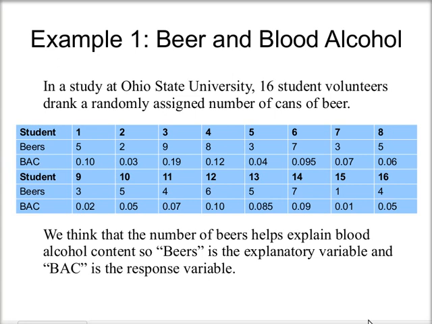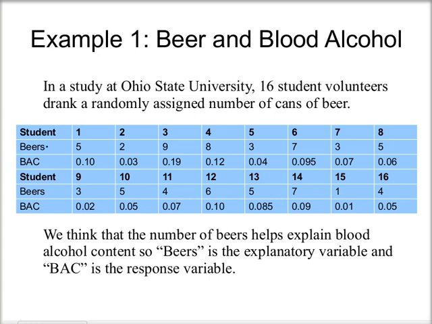A study at Ohio State University had students volunteer to drink a randomly assigned number of cans of beer. And this chart shows the results of that study. So for each student, we've got the number of beers they were assigned to drink. And then they measured the blood alcohol content of the students after they had drank their beers, and that's shown in this row here. So we've got two variables here.